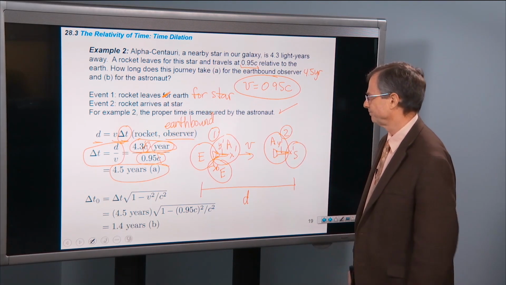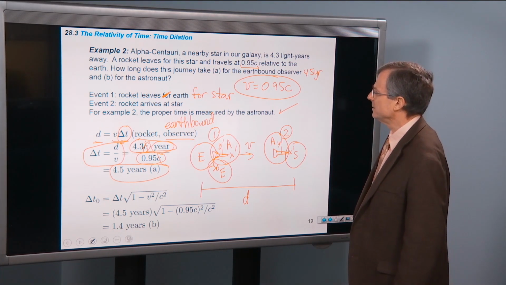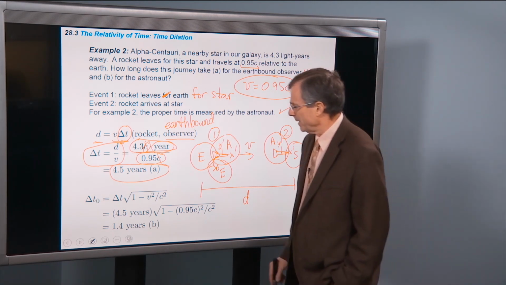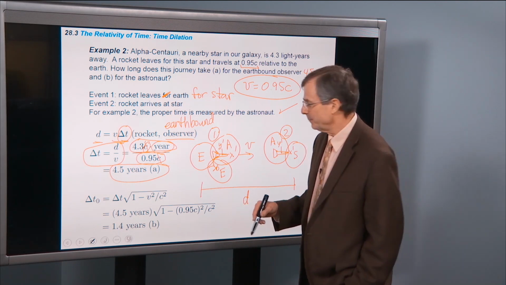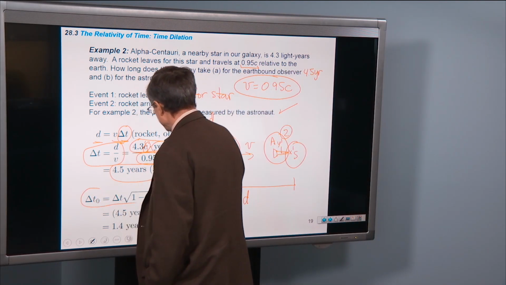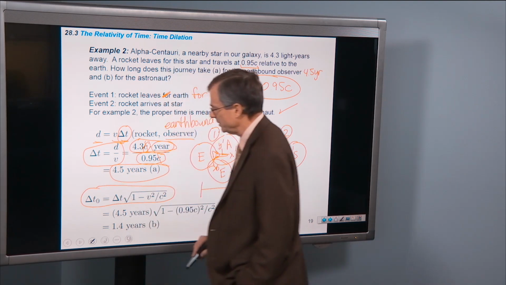That makes sense. Well, what about how long the journey takes for the astronaut? Well, the astronaut measures the proper time, and we have an equation that relates the proper time to the actual time.